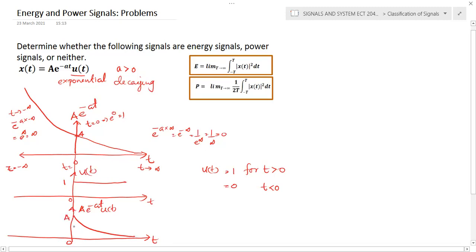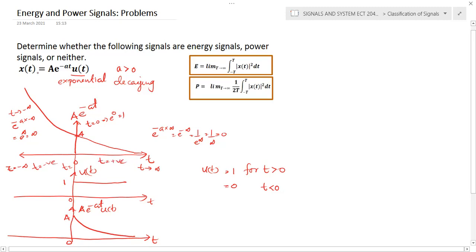Starting from a, when it reaches t equal to infinity, it becomes 0. So this is the signal a e raised to minus at into u of t. And remember that e raised to minus at is a two-sided signal. It exists for both t negative and t positive.